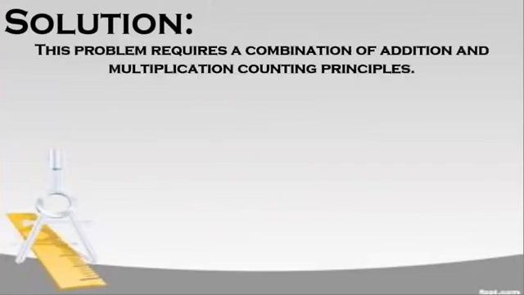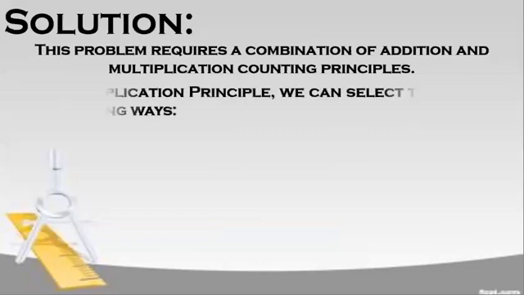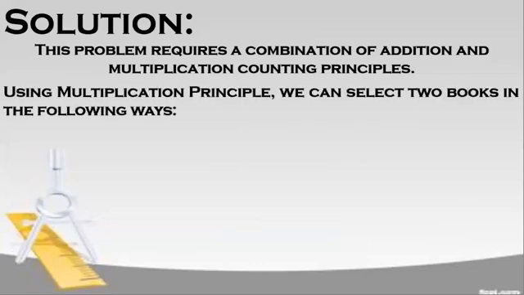Ayan. So this problem requires a combination of addition and multiplication counting principles. So since dalawang books po kasi yung ating kailangan lamang, pero we have 3 categories, so it requires a combination of both the addition and the multiplication counting principles. So using the multiplication principle, we can select 2 books in the following ways.